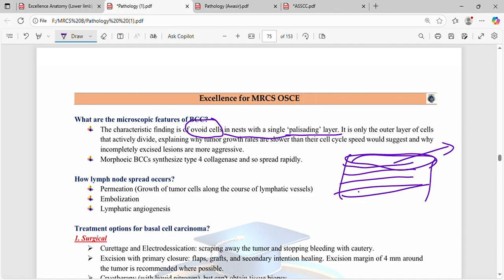And I will share a proper picture of it in the channel, with a description as well. And the other thing is that the morpheic basal cells produce collagenase type 4, which causes the destruction and the spread.